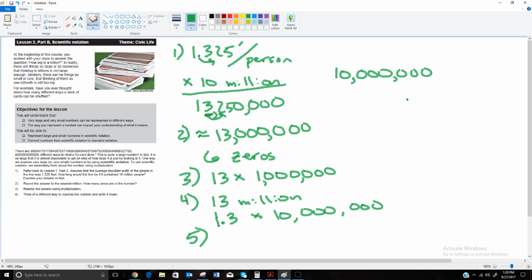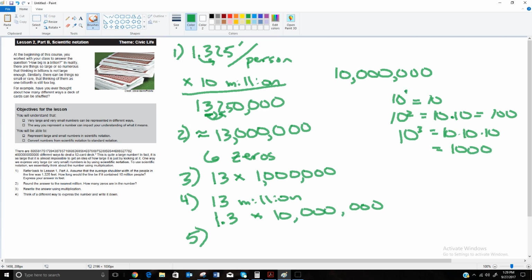powers of 10. So I'm going to kind of just do a little aside here. A power means that we're going to multiply that many factors of that number. So 10 to the first literally just means 10. 10 to the second means 10 times 10, which would be 100. 10 to the third means 10 times 10 times 10, or 1,000.